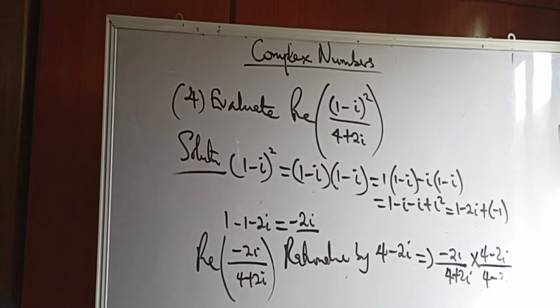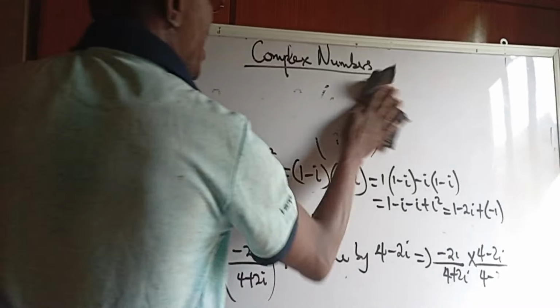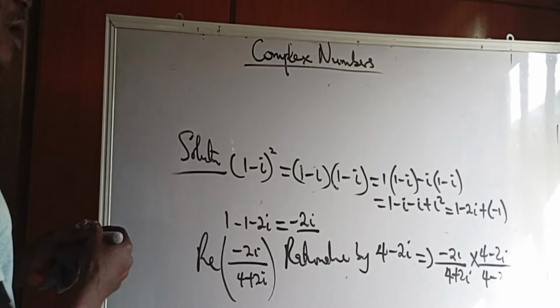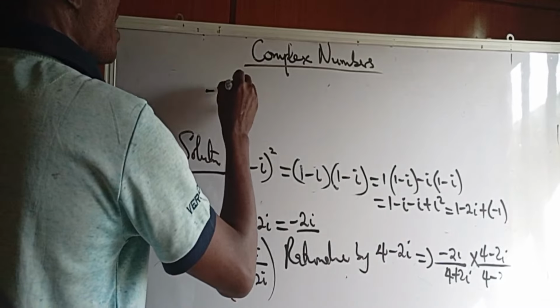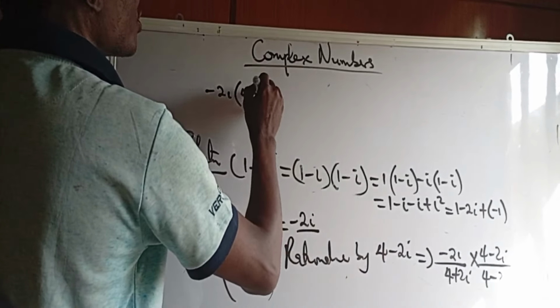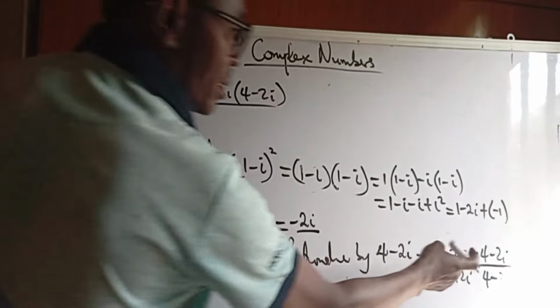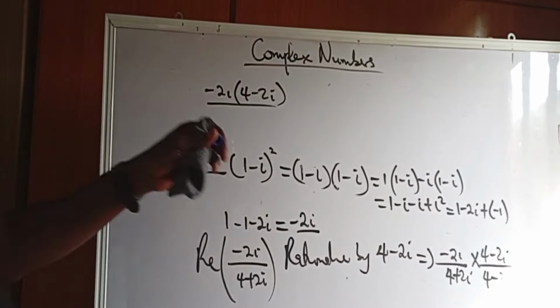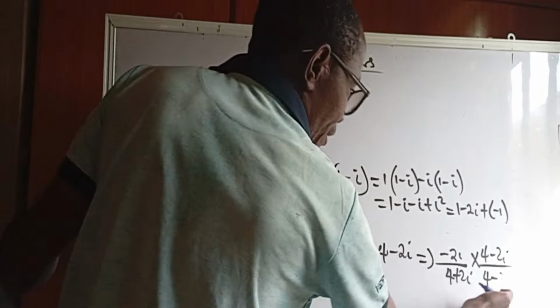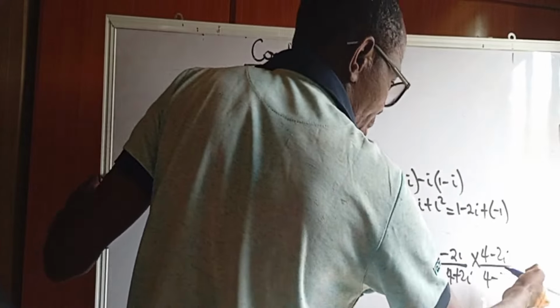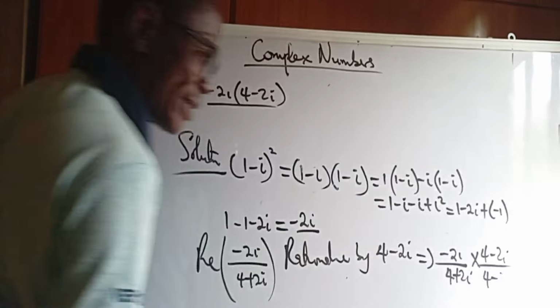Let's continue it up here. So we're going to have minus 2I multiplying 4 minus 2I. Just open the bracket, remove the multiplication sign and put the next one in the bracket. Now, like I taught you earlier, don't say you want to expand by multiplying 4 through everything here. No, it will waste your time.